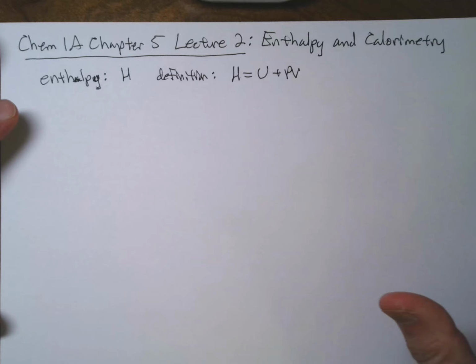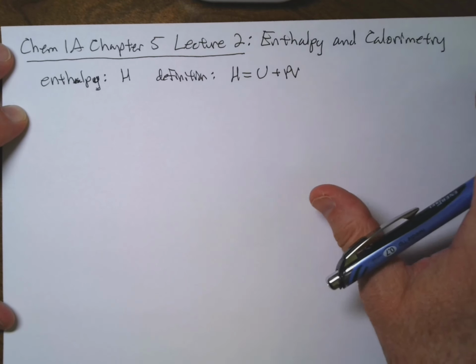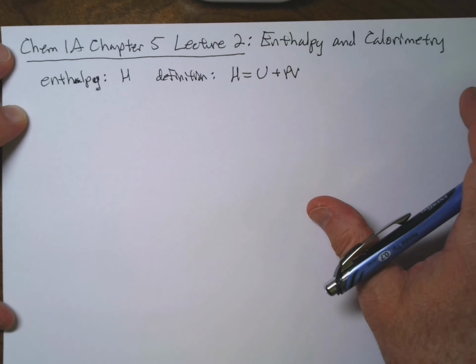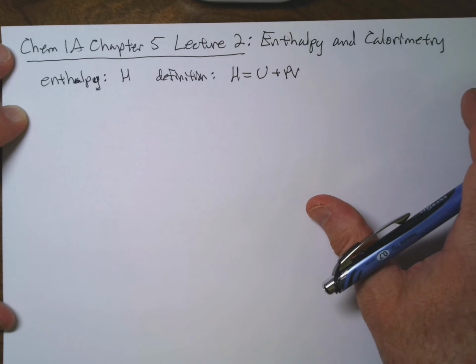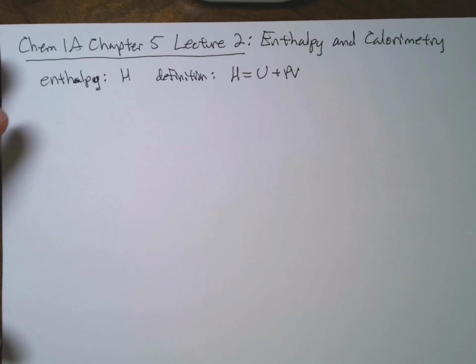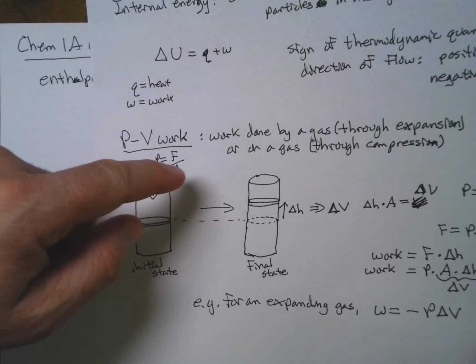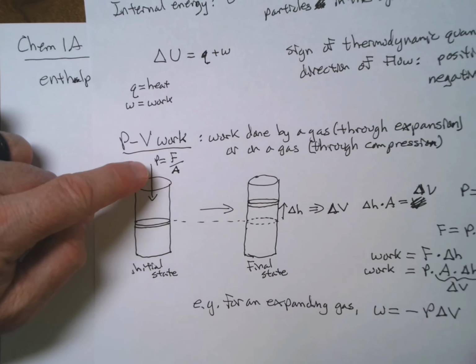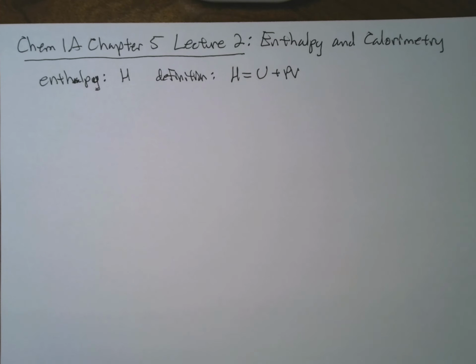Now, what is enthalpy really? Well, let's consider a process carried out at constant pressure, where the only work allowed is pressure volume work. If you remember from last time, we had the expanding piston and a cylinder. So we're doing that. We have a constant pressure and we're doing an expansion. That's the only type of work we're going to do.